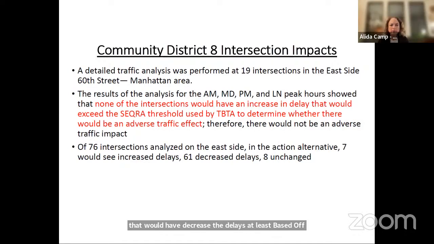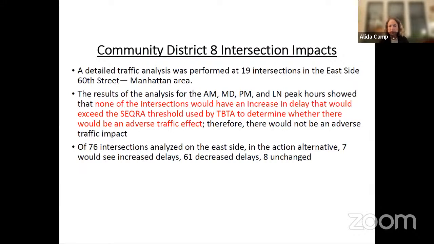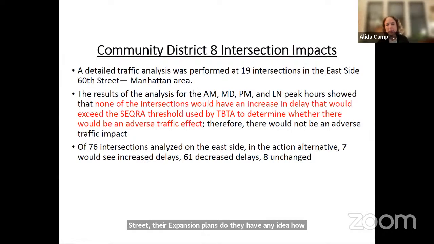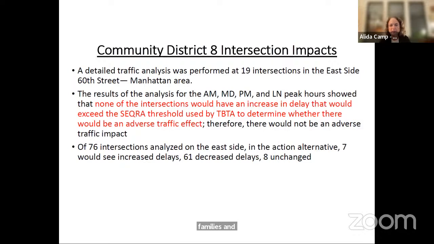So when was the modeling done? And given the hospitals, all of the East River hospitals, I can't speak about NYU, but up above 60th Street, their expansion plans, do they have any idea how those expansion plans and increased patients and families and equipment and additional staffing will impact any of this?